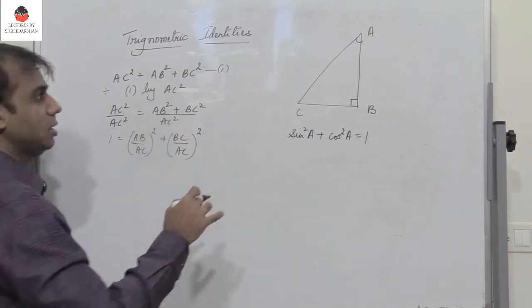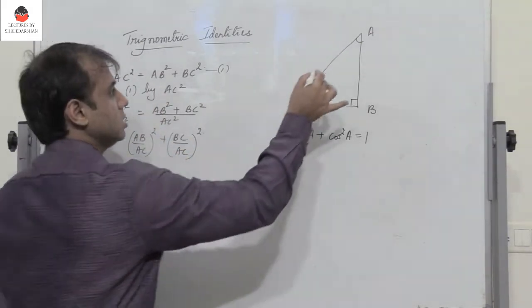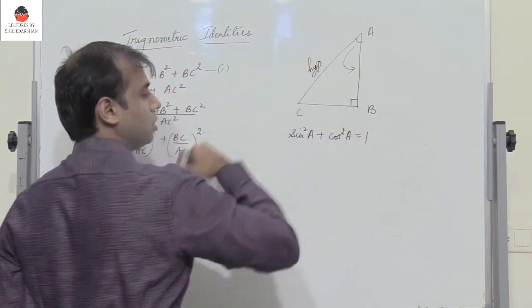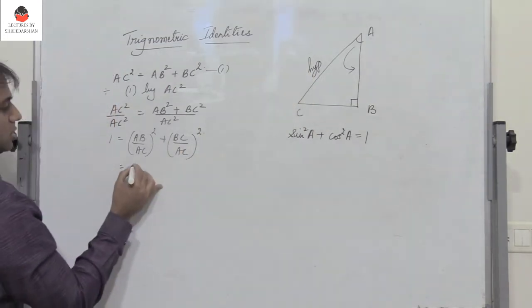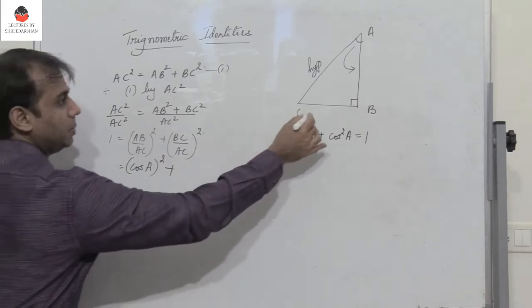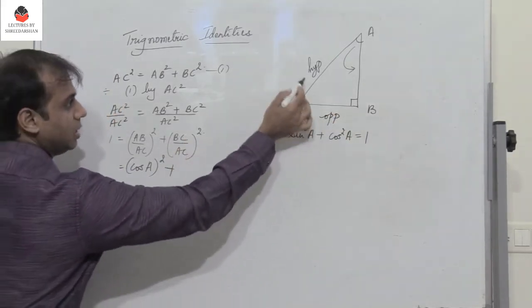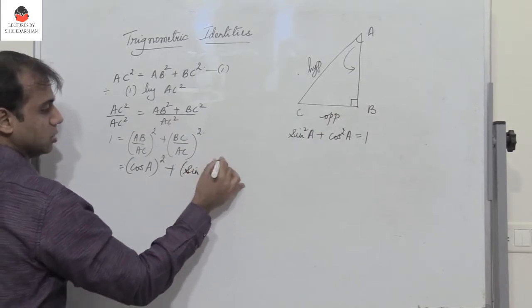So considering angle A here, what is AB by AC? AB is the adjacent side and AC is the hypotenuse, right? So the adjacent side by hypotenuse is cos A the whole square, and BC is the opposite side. The opposite side by hypotenuse is sine A the whole square.